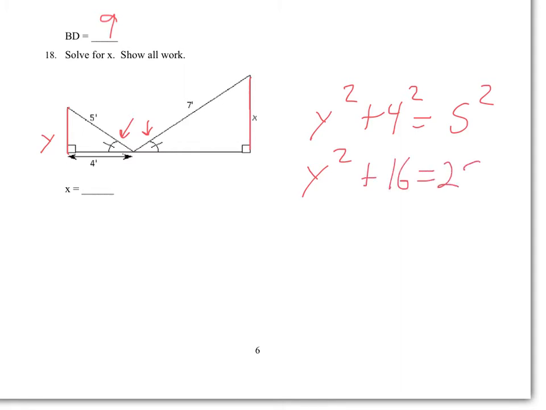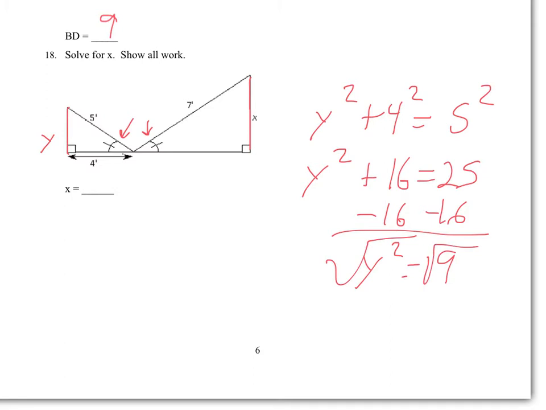And what I mean by a perfect triple, as I'm solving this, you'll see that y squared equals 9. Well, the square root of 9 is 3. A perfect triple just says that there's a right triangle with leg lengths of 3 and 4 and the hypotenuse of 5. So you may have recognized that, or you could have figured it out with the Pythagorean theorem.